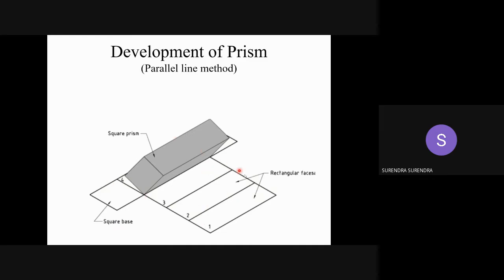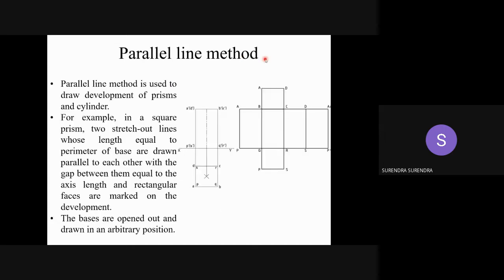So it is developed by first constructing a rectangle of length equal to the total perimeter of the base and height equal to the axis height, and then drawing the parallel lines representing the straight edges. That's why it is called the parallel line method, and it is useful for the development of a prism.